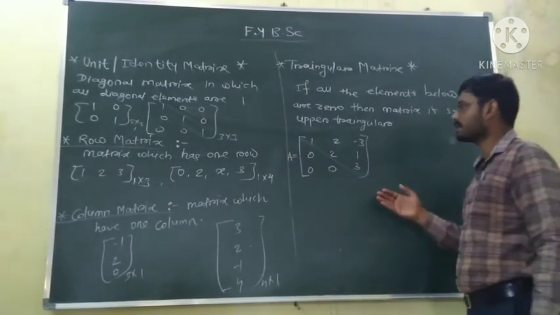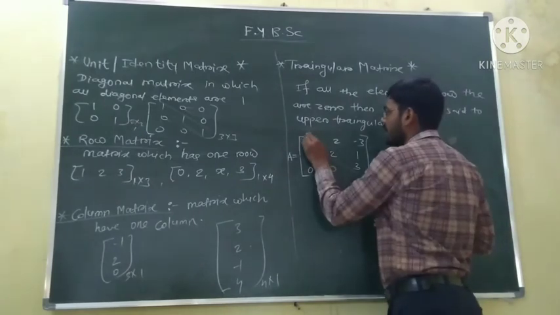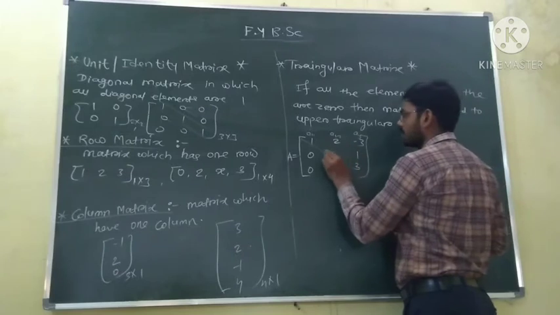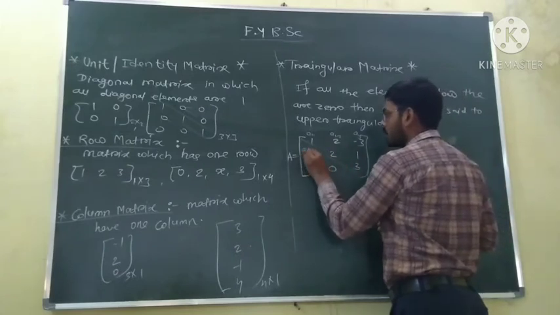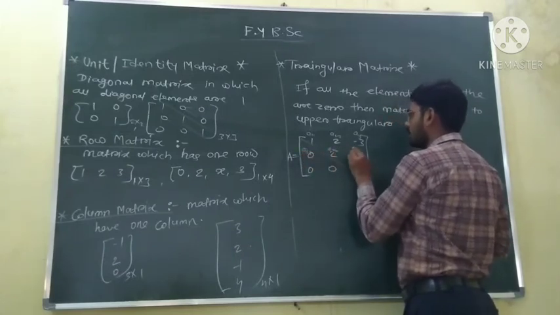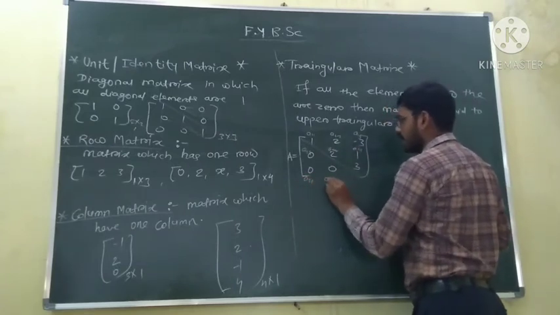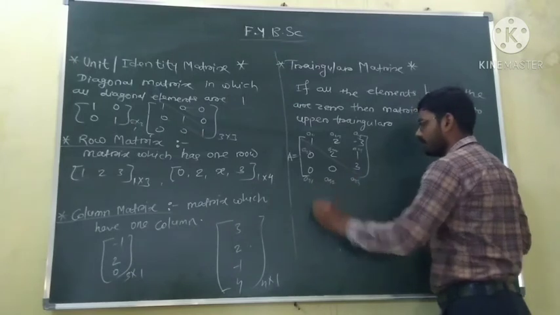In the upper triangular matrix, the entries are A11, A12, A13, A21, A22, A23, A31, A32 and A33.